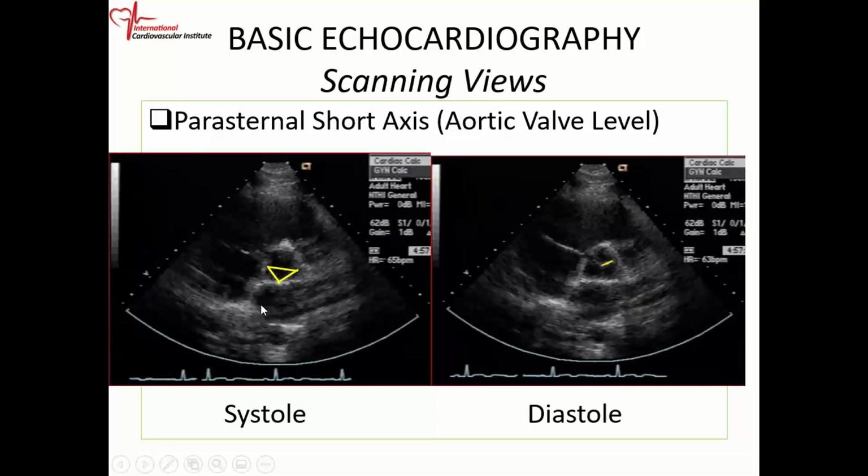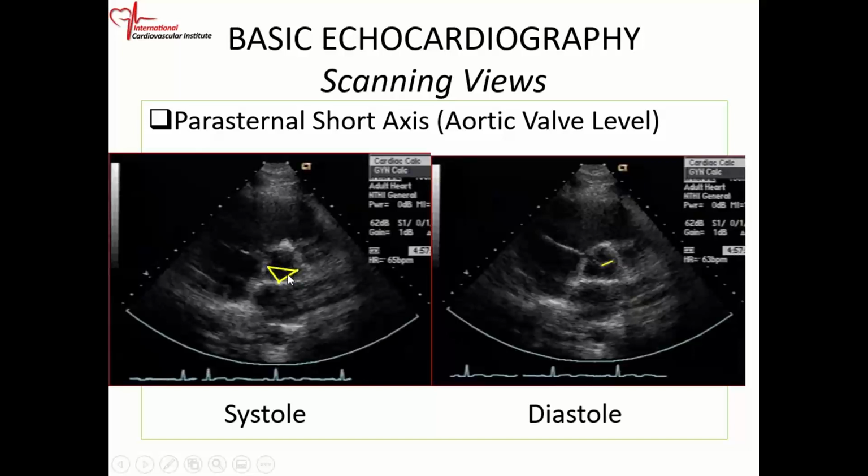This is the left atrium. On this side, this is the pulmonic valve, and this is the pulmonary trunk. Remember your anatomy, the pulmonary trunk is going to divide into a right and left main pulmonary artery. This is a systolic frame because your marker is right there.